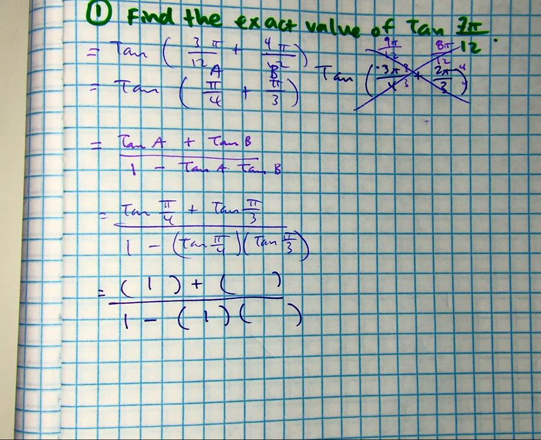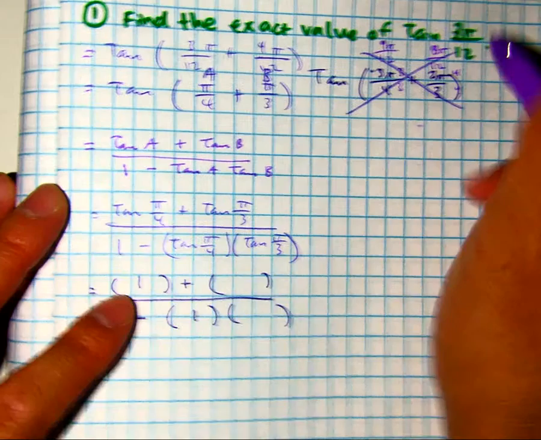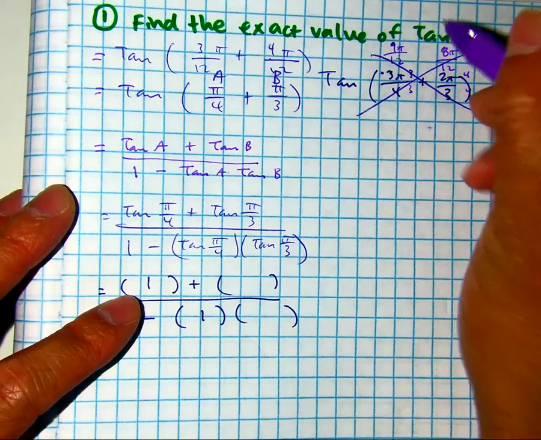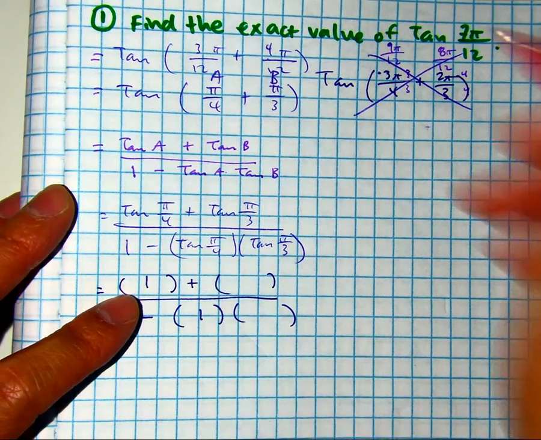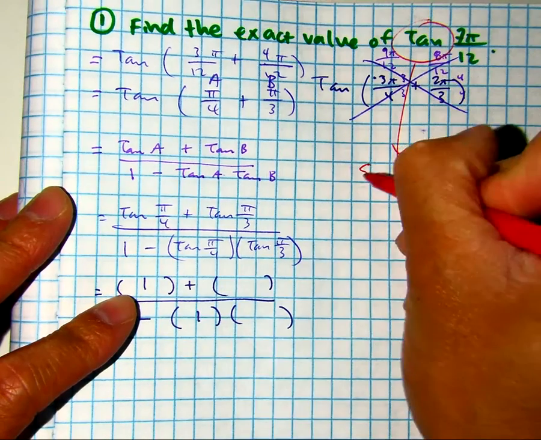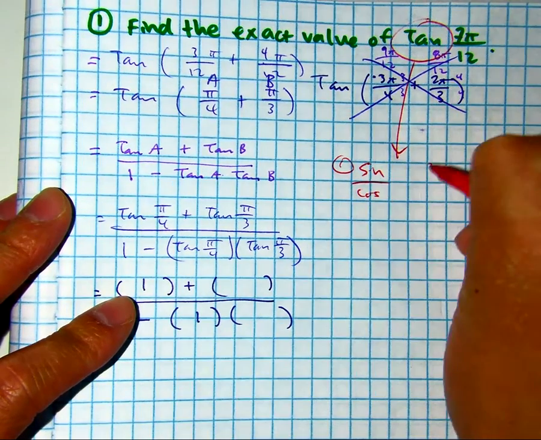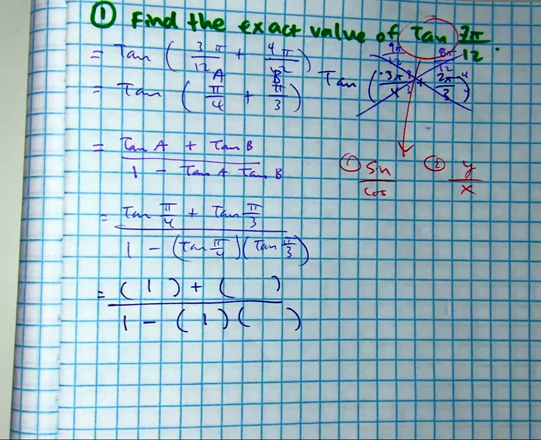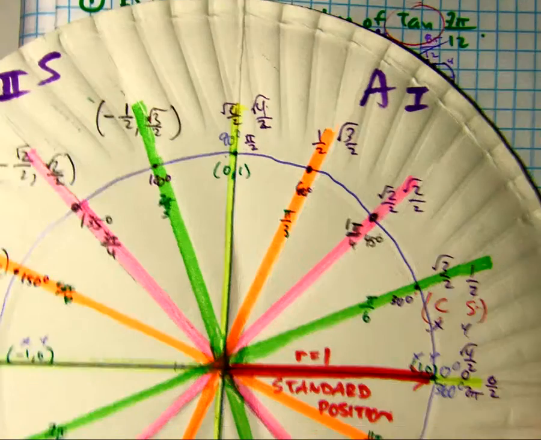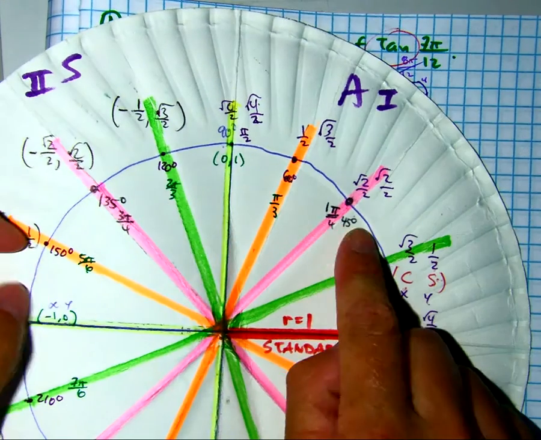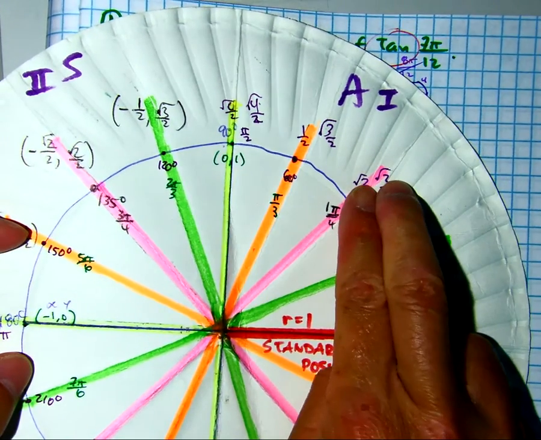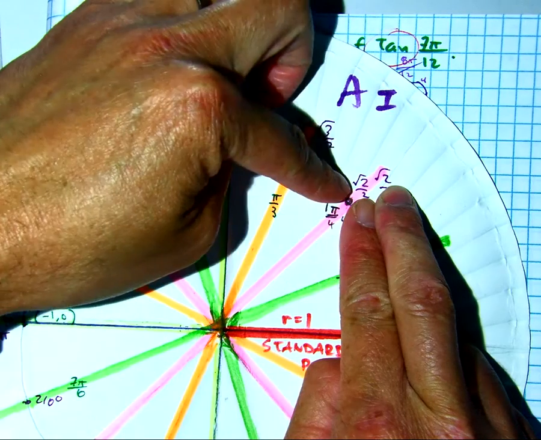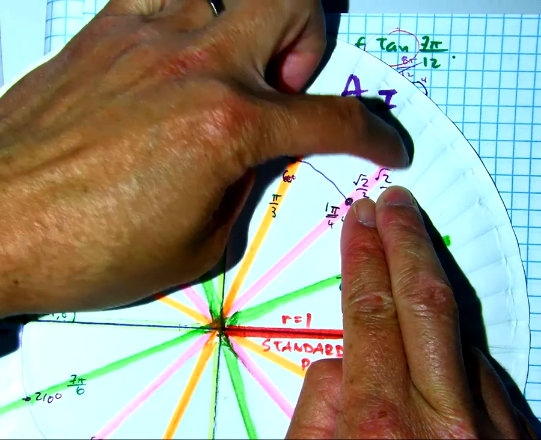Can I ask what the conjugate one in the tangent? Class, tangent is written in two ways. How? Sine over cosine and y over x. So if you look at your unit circle at pi over 4, or tangent of 45 degrees, you would do radical 2 over radical 2, or sine over cosine.